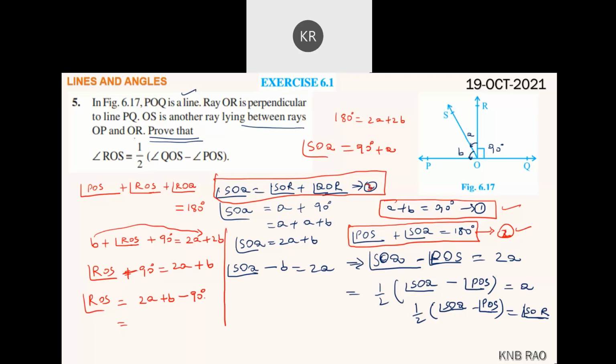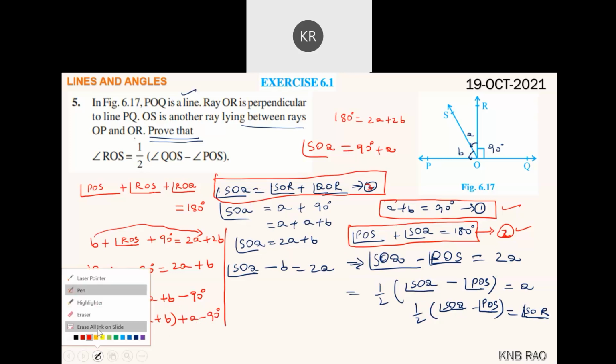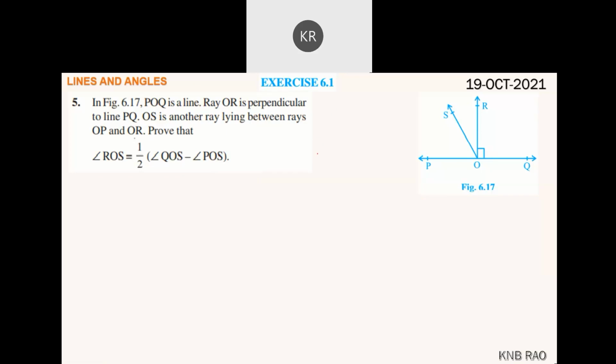Next, A plus B. Oh, it is becoming complex. A plus B plus A minus 90 and it is becoming complex. Let me first wipe out this entire thing. This is a better option.